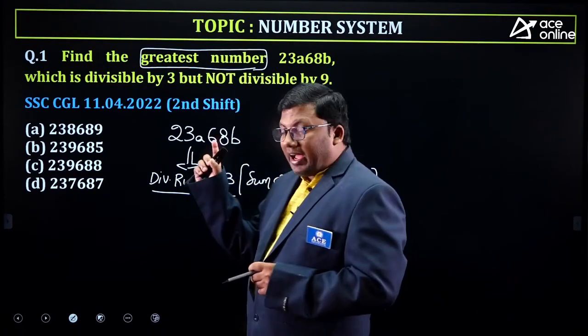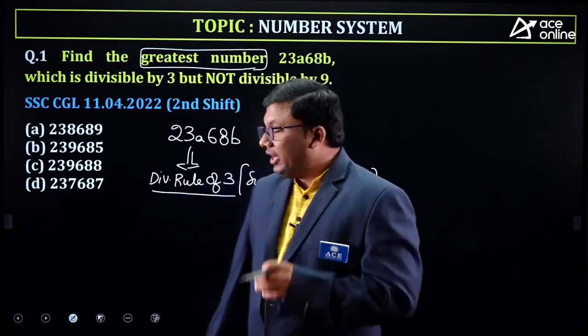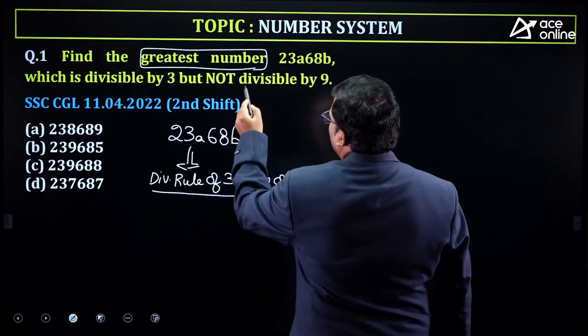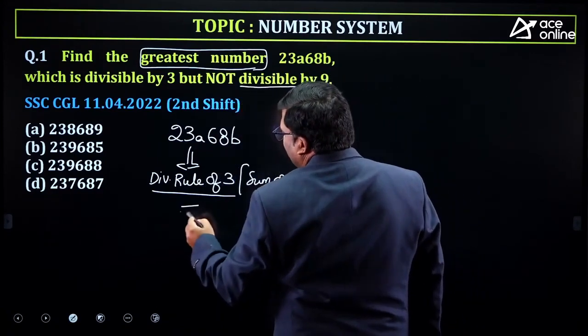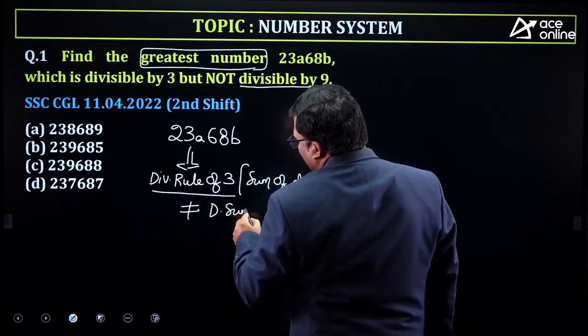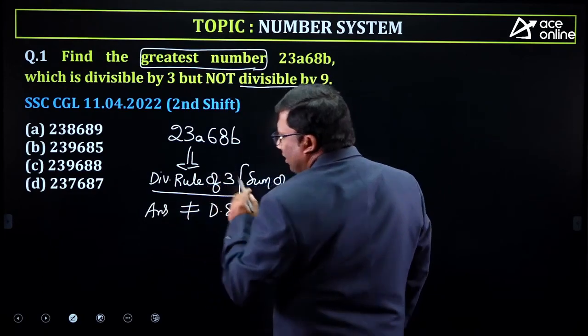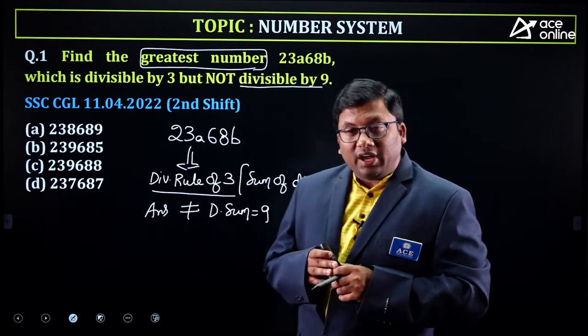That means if I add the digits, the sum should be a multiple of 3, but it should not be a multiple of 9. It is clearly mentioned that it is not divisible by 9. That means the digital sum should not be 9. I hope the idea is very clear.